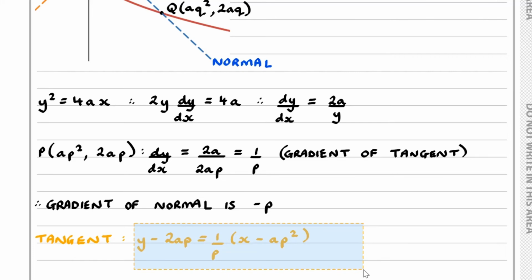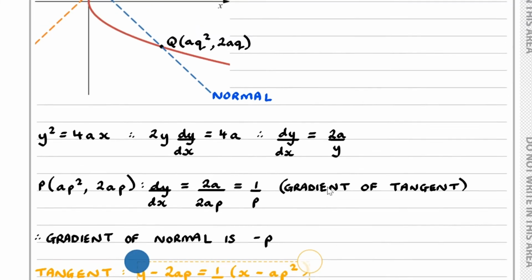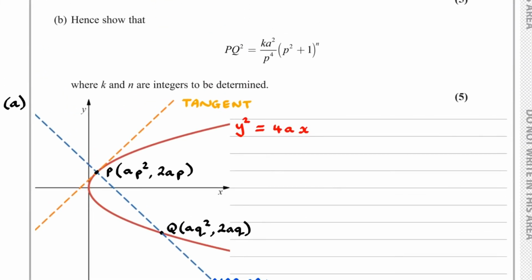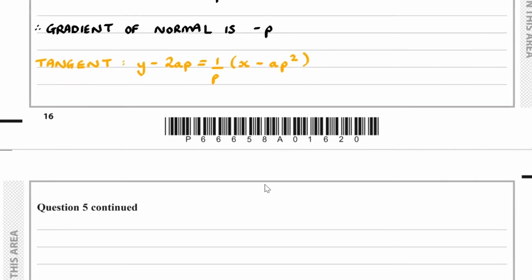The result we see here is the equation of the tangent, and the equation of the normal will be given by y - 2ap = -p(x - ap²).